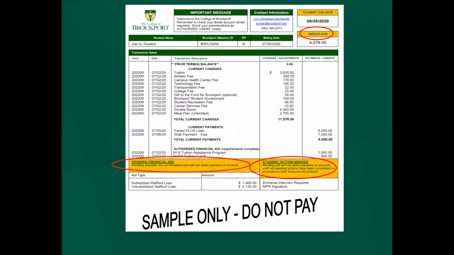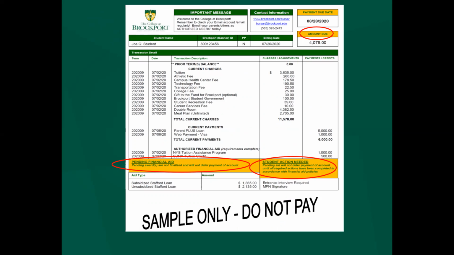So here are some tips for reading your Brockport bill. We have at the top your student name, Brockport banner ID, an indicator as to whether or not you have enrolled in the payment plan under PP. This particular student has not enrolled in the payment plan.